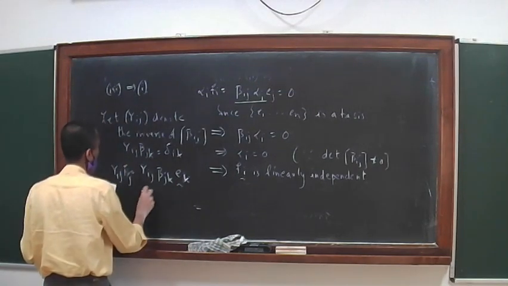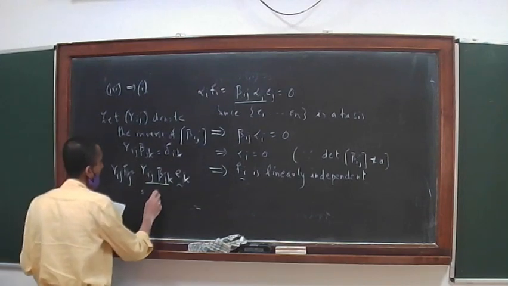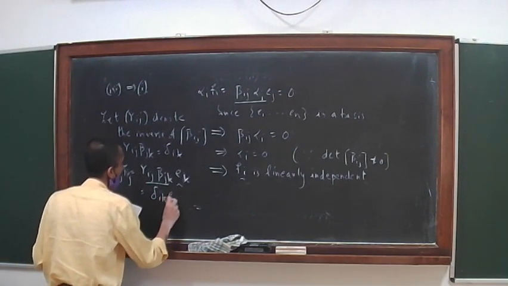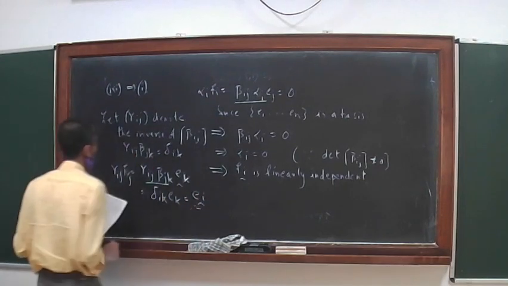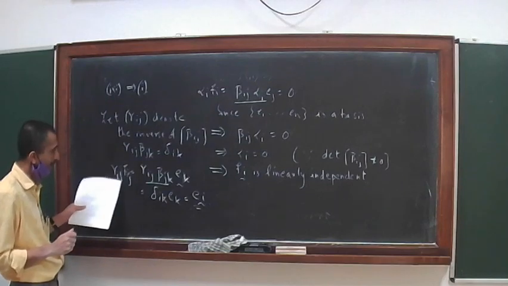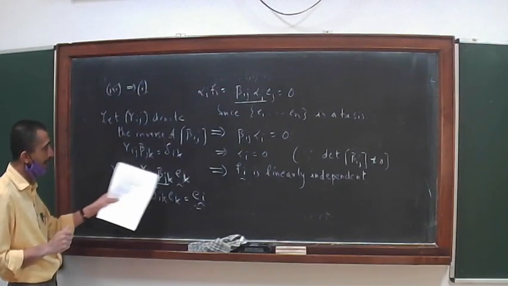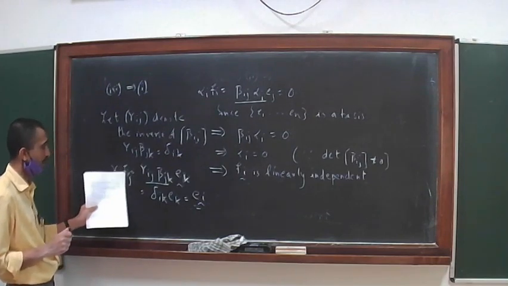So this is equal to, now they are inverses of each other, so I can write this as delta_ik e_k, and that is equal to e_i. Okay? So just like I can express f in terms of e, now I can express the e also in terms of f, in terms of the inverse coefficients here.